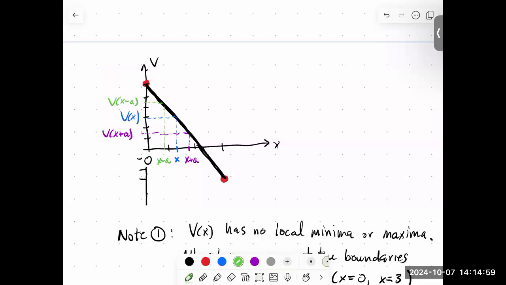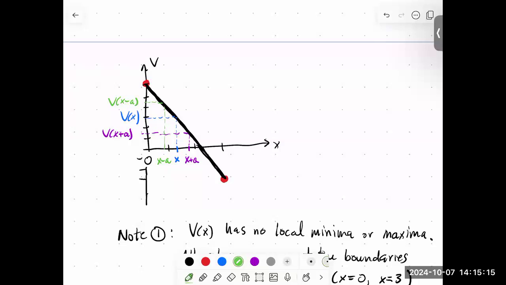So what I want to notice is because this is a straight line, if I was to average the potential at x plus a and x minus a, they would average to v of x.